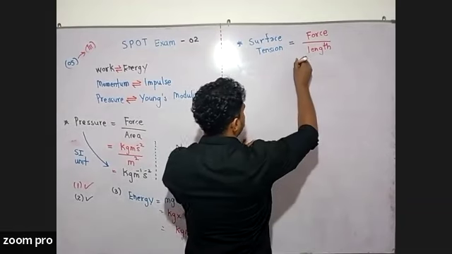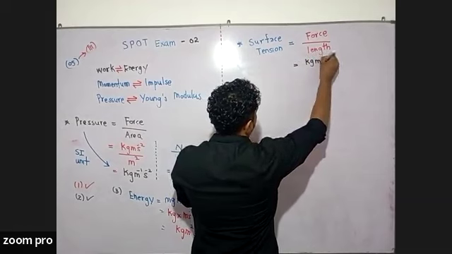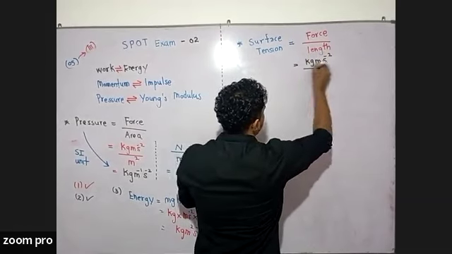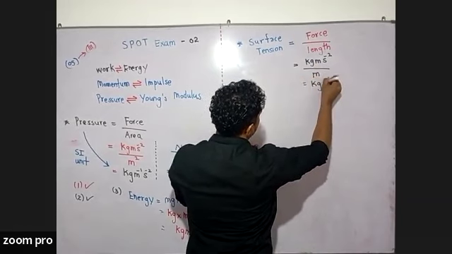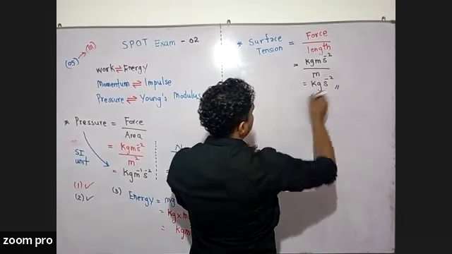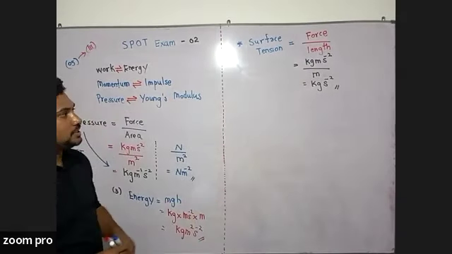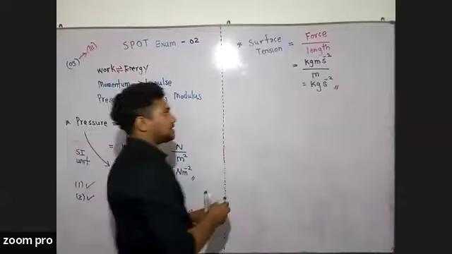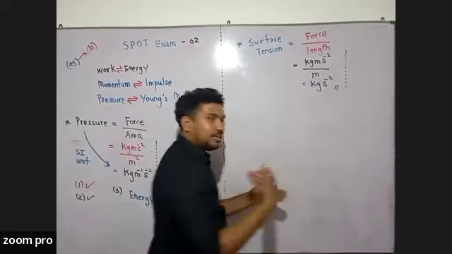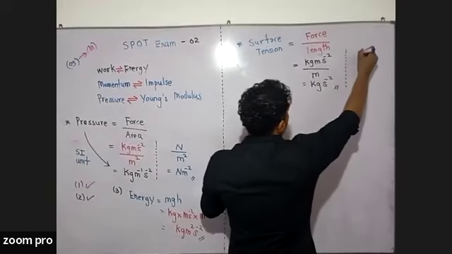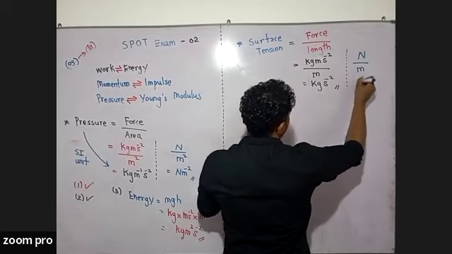So that means if I obtain the SI unit for surface tension, that is kg s^-2, right? So this is the SI unit of surface tension. If I obtain the unit of surface tension in general units, I can substitute the Newton as the unit of force and meters as the unit of length.